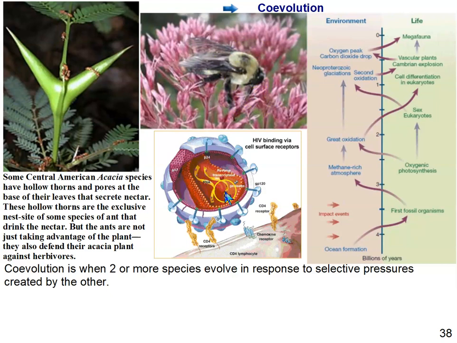Another example, and this is a negative example, so both of those are mutualistic symbiotic relationships. More of a parasitic symbiotic relationship is the relationship between viruses and us. So viruses make us sick, right? But your body will evolve to be immune to viruses, but then the virus will change, will adapt, will evolve to make us sick again, and then we will evolve to be immune to the virus, and then the virus will mutate and evolve and change to make us sick again.